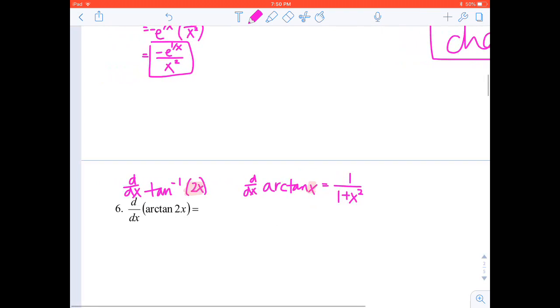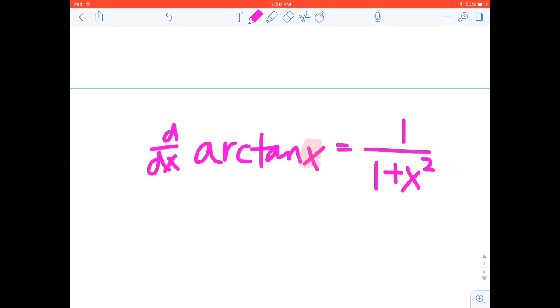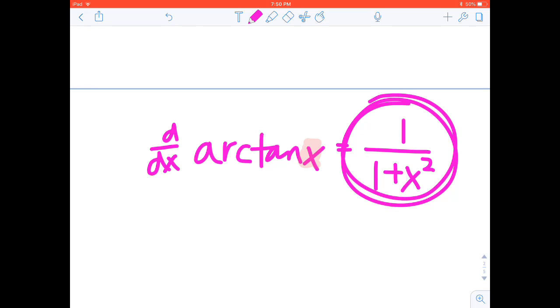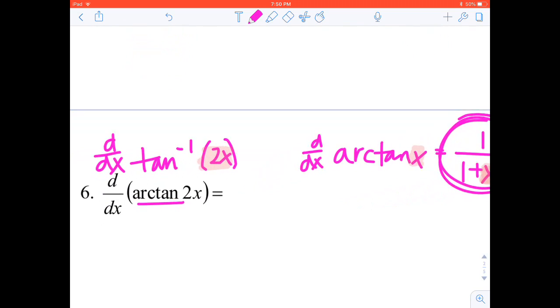So the chain rule says we take the derivative of the outside. So our outside function is this arctan of x, what we have here. So this is the derivative we're going to use, and we're going to plug in our inside to that x there. So it's going to look something like this. We have 1 over 1 plus 2x squared. So that's our derivative of the outside, keeping the inside plugged in.